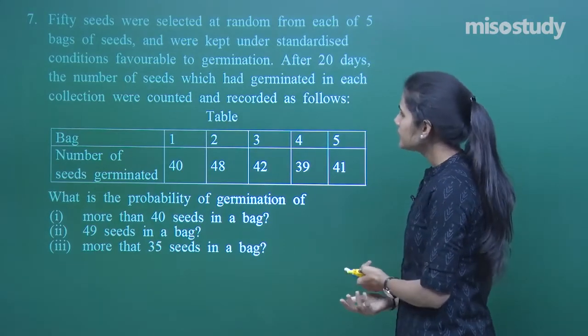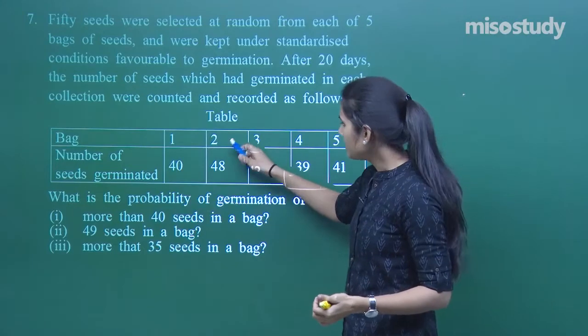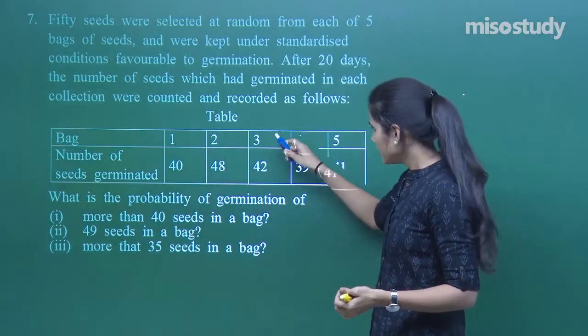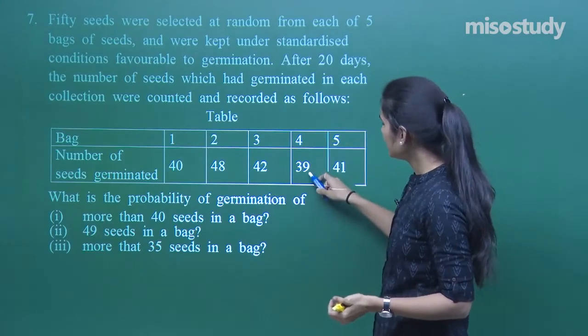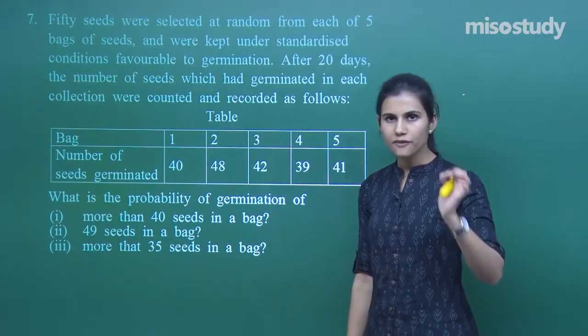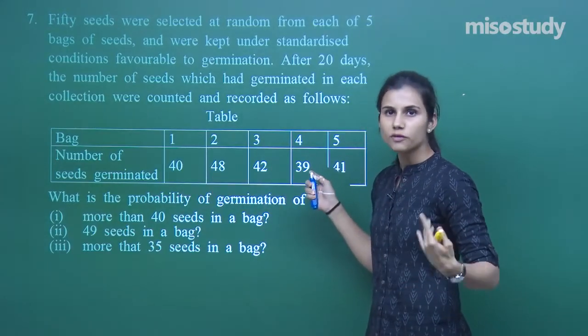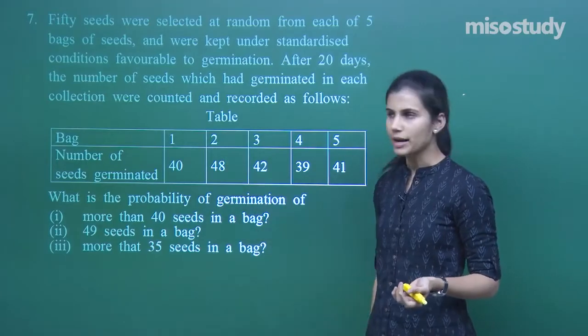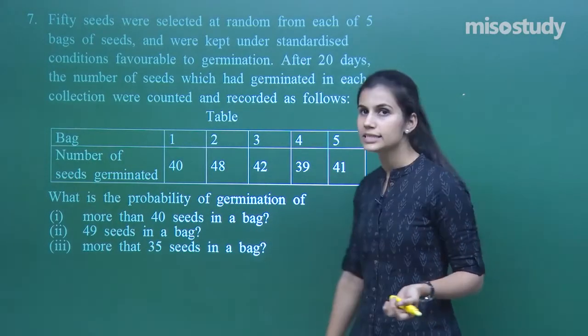After 20 days I am seeing that from the first bag only 40 seeds have germinated, from the second bag 48 have germinated, in the third bag out of 50, 42 have germinated, in the fourth bag 39 have germinated, and in the fifth bag 41 have germinated. In total I have 5 bags, and this is the data corresponding to the number of seeds out of 50 seeds which have germinated in each bag.